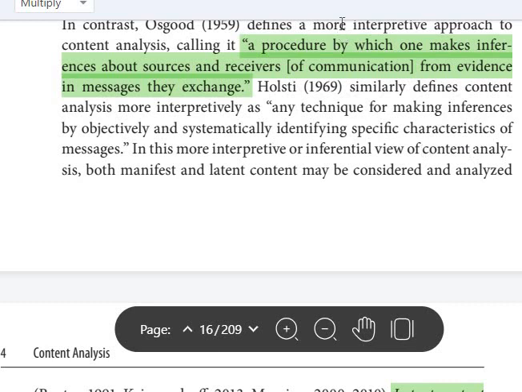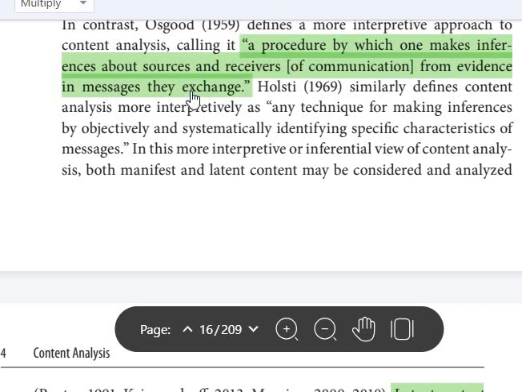He says that it is a procedure or a research technique. However, Osgood says that it is a procedure by which one makes inferences about sources and receivers of communication from evidence in the messages they exchange. So you must have evidence in your messages.